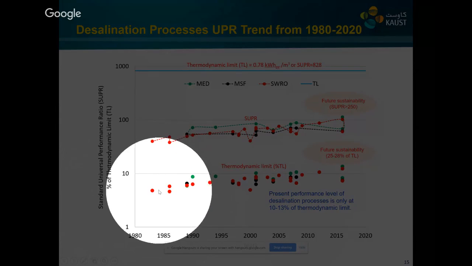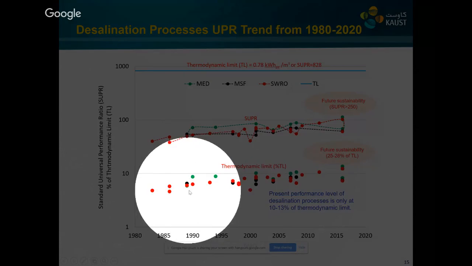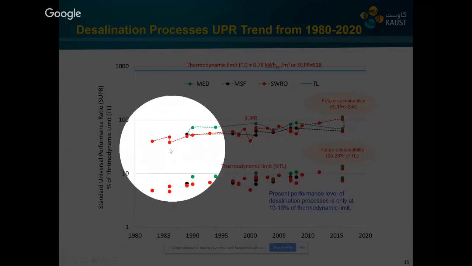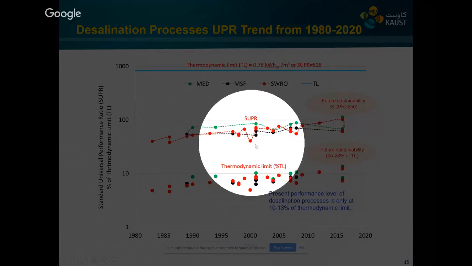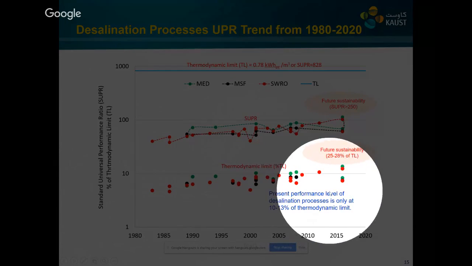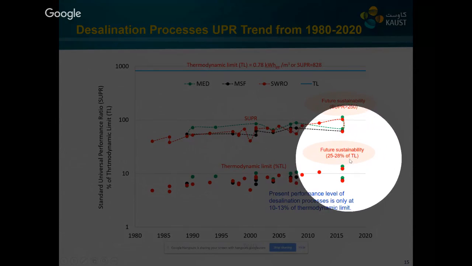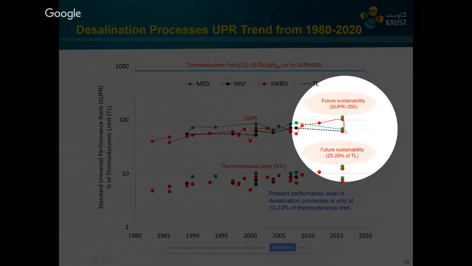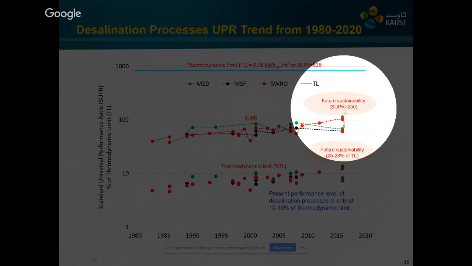In terms of the percentage of thermodynamic limit, from the 1980s until today there's not much change in performance. Even in the SUPR, there's only a slight change. We are only operating at 10 to 13 or 16% of the thermodynamic limit, but future sustainability requires achieving 25 to 28% of the thermodynamic limit, which is around 250 standard universal performance ratio.